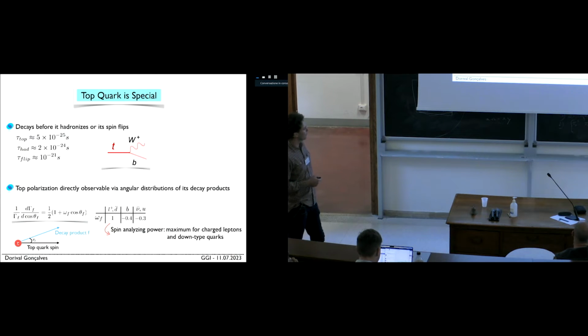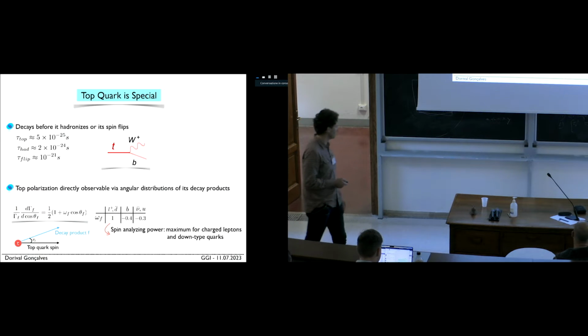The most sensitive ones are the charged lepton and the down quark, which have maximum spin analyzing power, so the coefficient sitting here is maximal, and then it's followed by the bottom quark, neutrino, and up quark. If you want to analyze, therefore, some sort of correlation using hadronic tops, we need to find ways to access this down quark in particular. This will come later on.